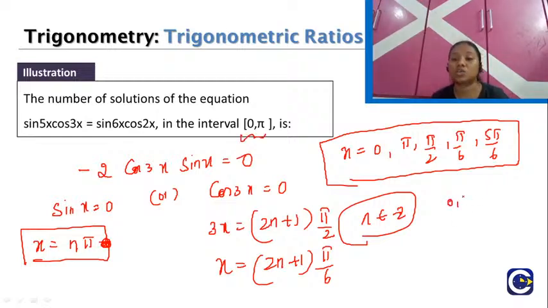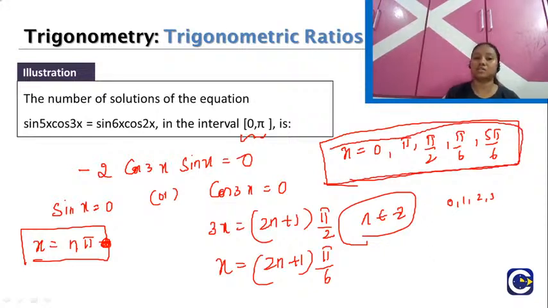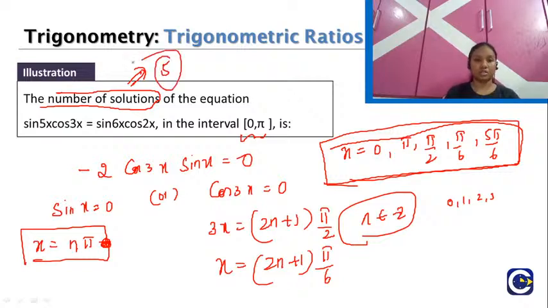So you can take 0, 1, 2, 3 and so on and you can substitute here. Right. So these are the 5 values we'll be having as the solutions for this given equation. So the number of solutions here are nothing but equal to 5. So once you are done with solving it, it will be easy to write the final answer here.